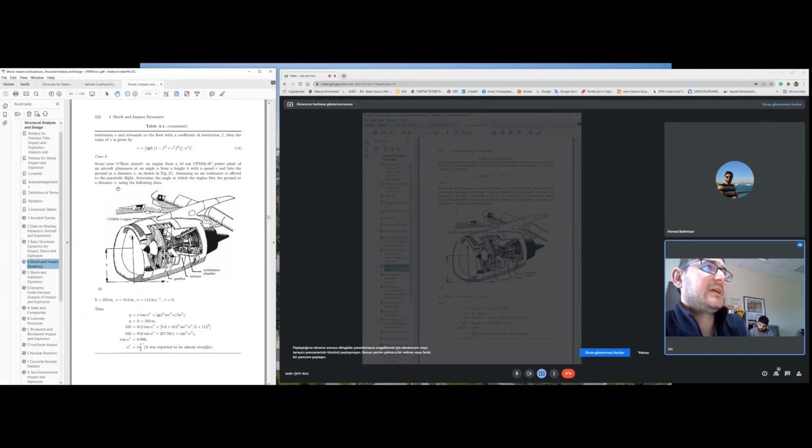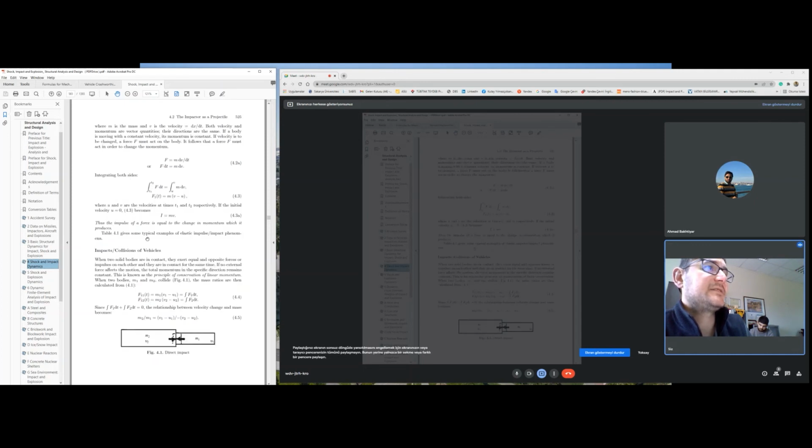The general behaviors, some special cases, for example, impacts and collisions of vehicles. This is a general behavior, and it tries to define the problem by using impulsive effects. F multiplied by time.